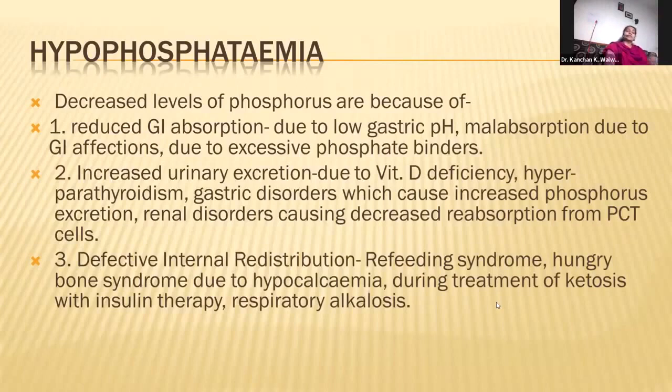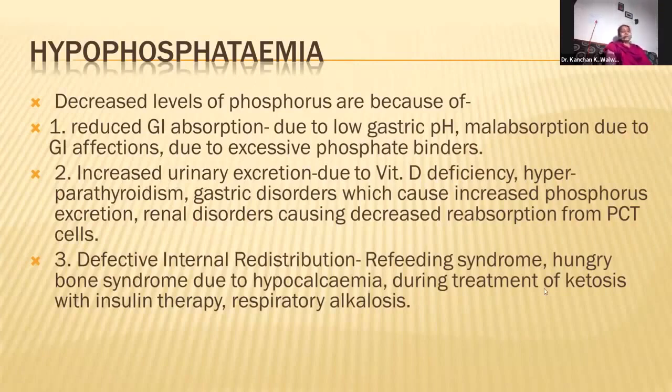If the sodium phosphorus co-transport is not working properly, the phosphorus is not absorbed, and when it is not absorbed, vitamin D will not deposit the phosphorus in the bone. Again, if the sodium phosphorus pump is working properly but vitamin D deficiency is there, the phosphorus will not be transported, and there will be hypophosphatemia.